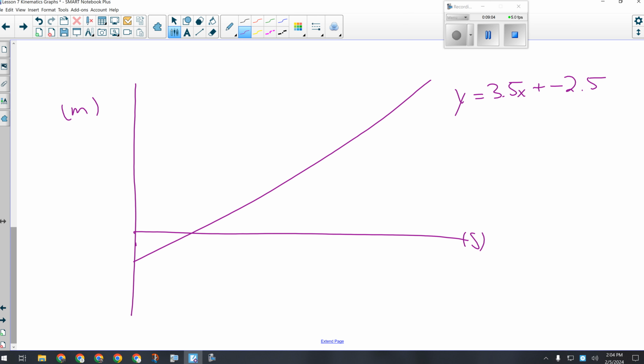Give you a hint. This question would be out of 1 mark. 3.5 meters per second. How do we know that on this graph, the slope, because this is y equals m times x plus b, represents the velocity of the object?